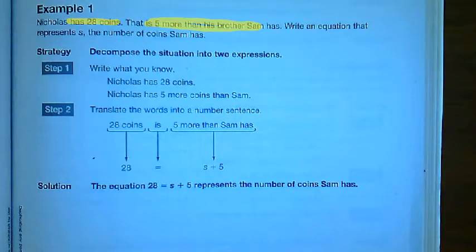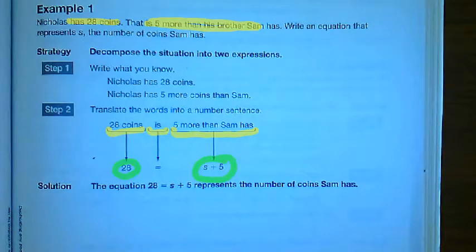So we have to write an equation. So again, 28 coins is what he has. Is represents an equal sign. And then 5 more than Sam. Remember the word more than, that means that whatever the expression is, so if you notice this is an equation, but these two things, this would be an expression.